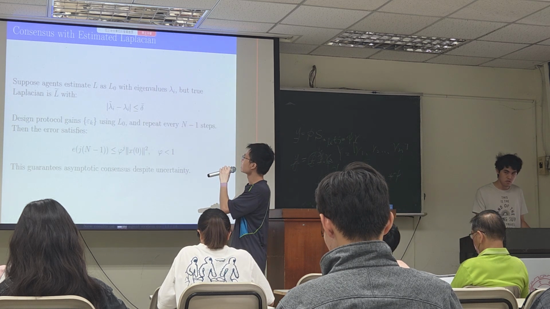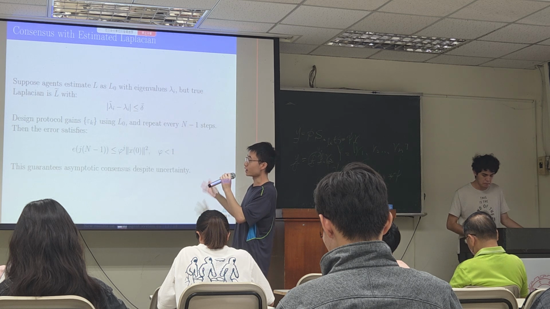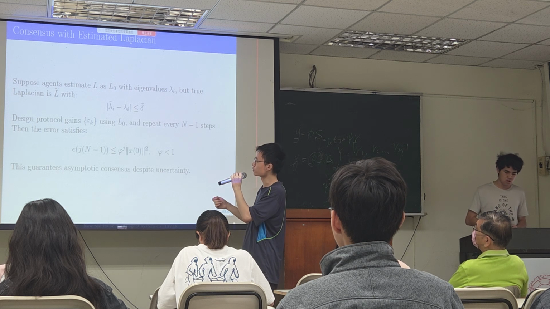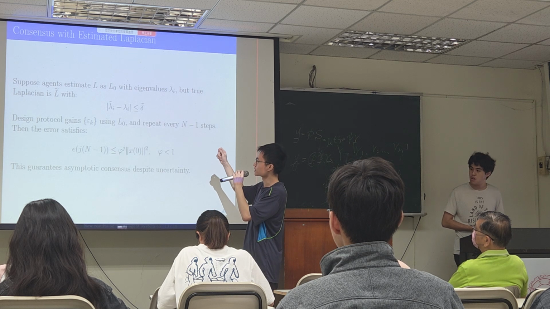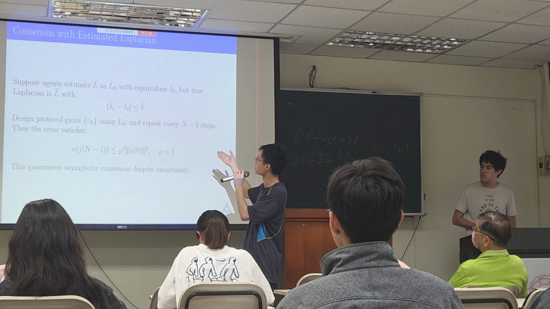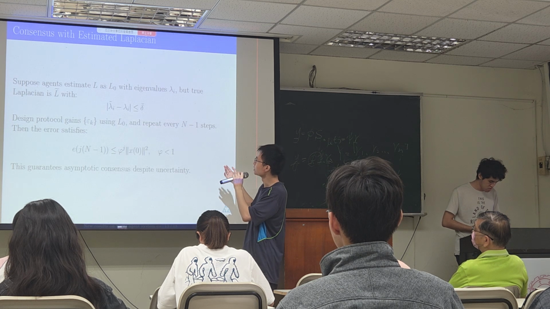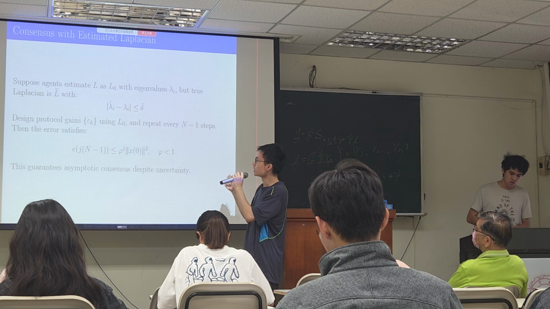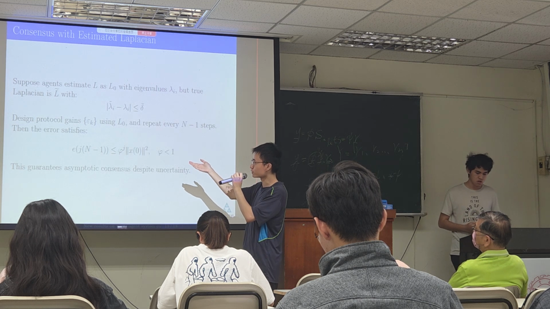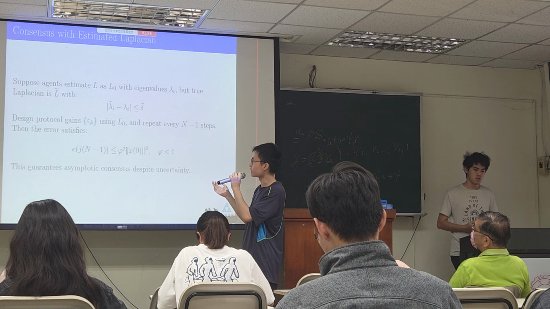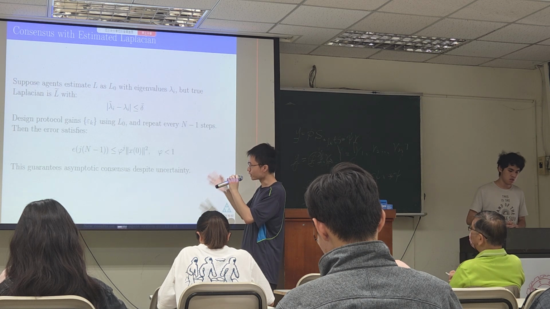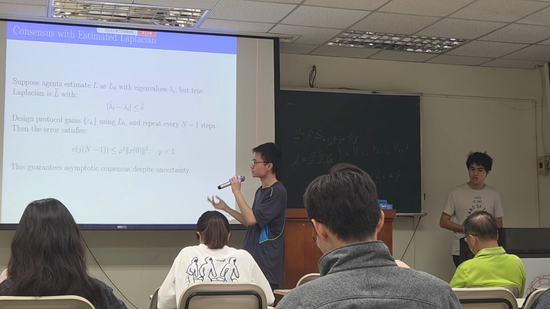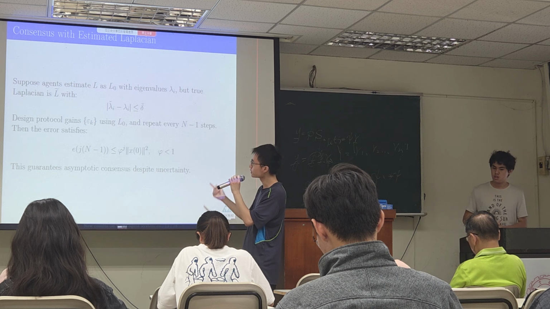So let's suppose this is an unusual case. We don't know the eigenvalues of the Laplacian. So we suppose the estimated value is L0 with eigenvalues lambda i, but the true Laplacian is L. So the real value minus the estimated value should be smaller than or equal to sigma r, which is the ideal frequency, usually 1.